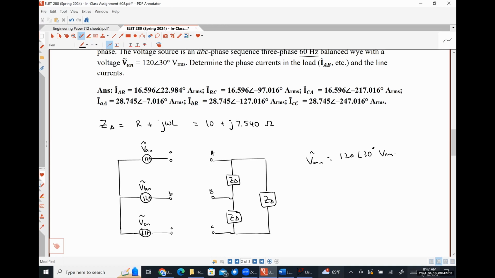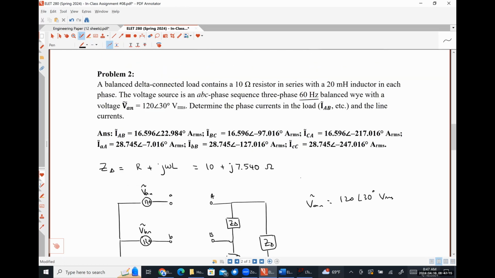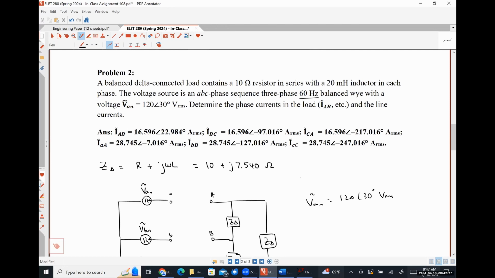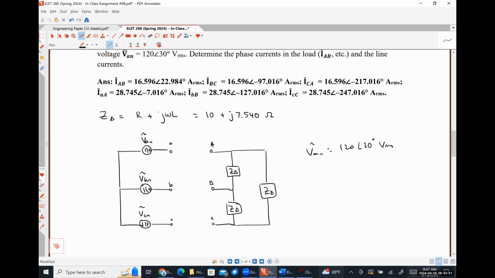And let's see here. We aren't given any transmission line impedance, so we are just going to make the only assumption that we can, that value is 0. So this is our system.